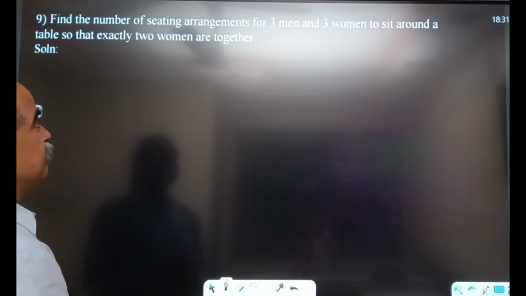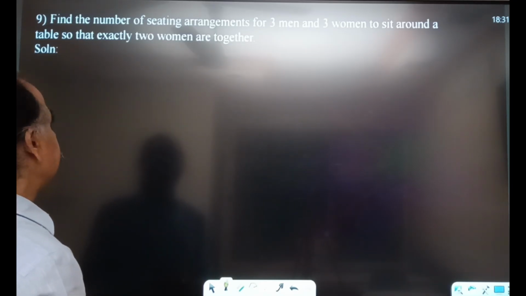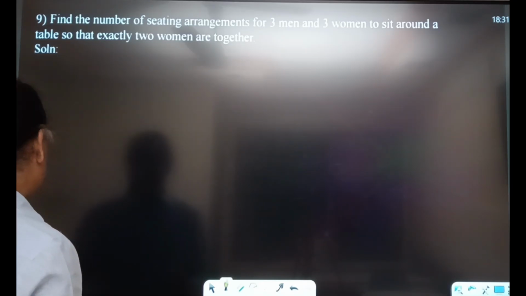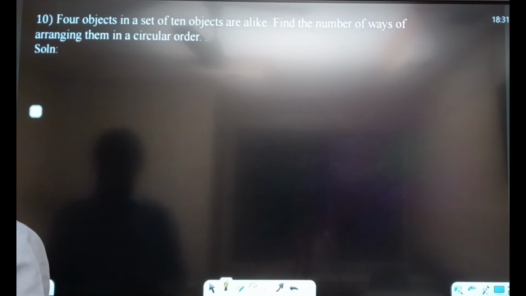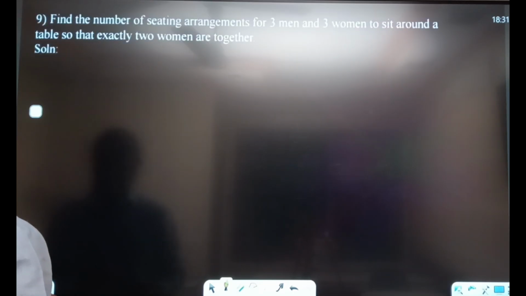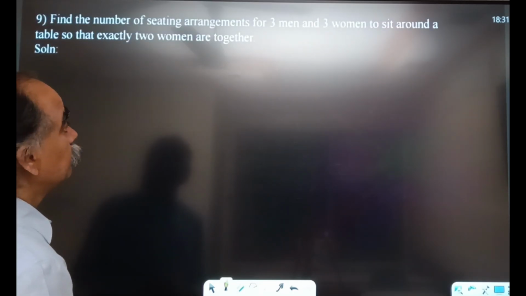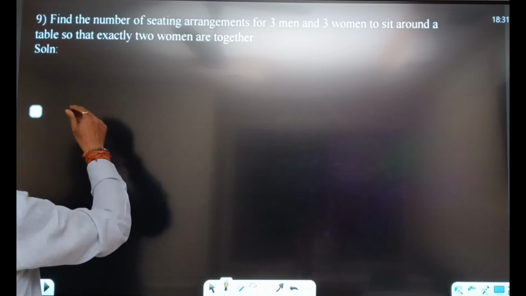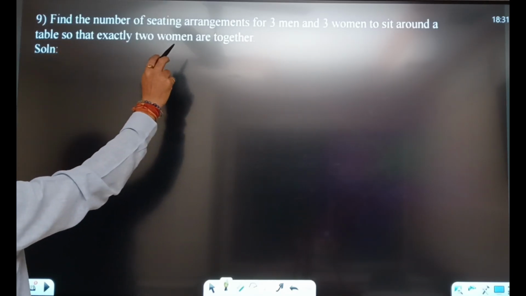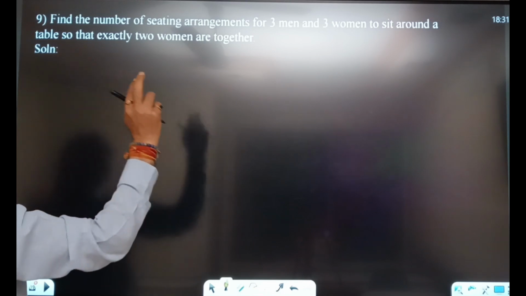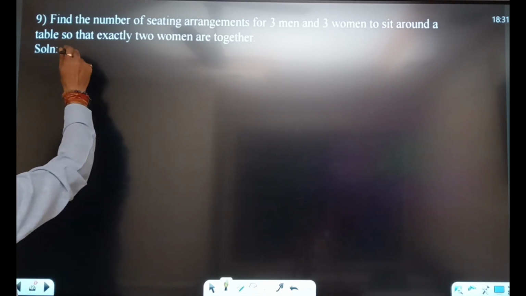Find the number of sitting arrangements for 3 men and 3 women to sit around a table such that exactly 2 men are together. Three men and 3 women. Exactly 2 men sit together.